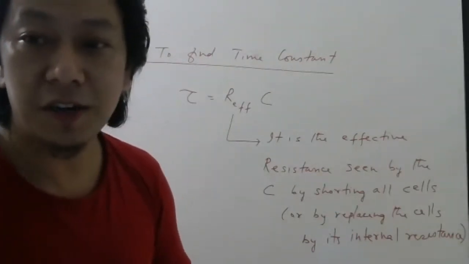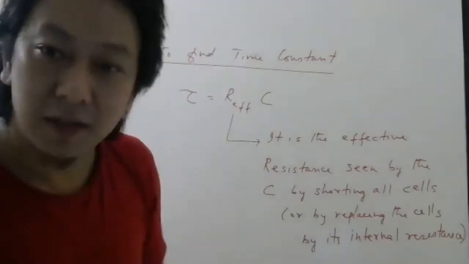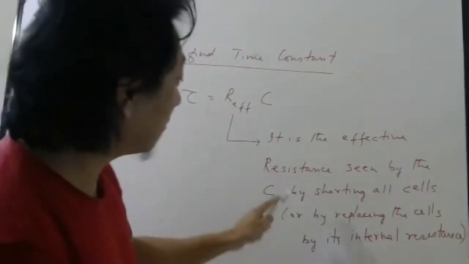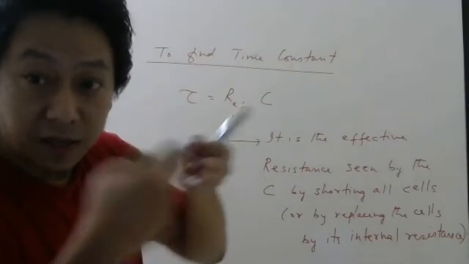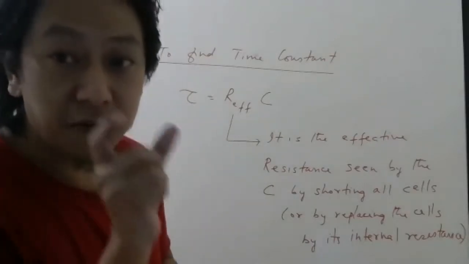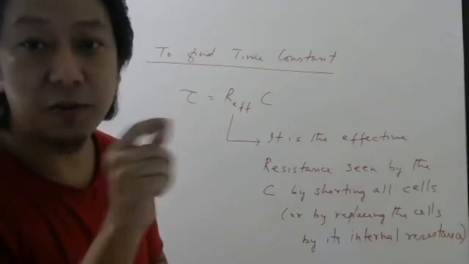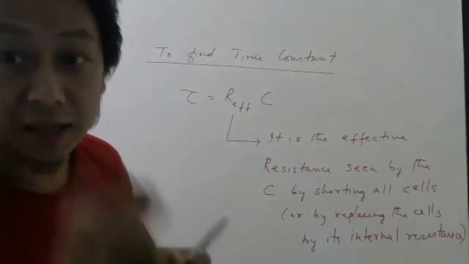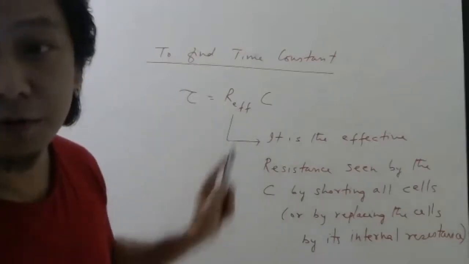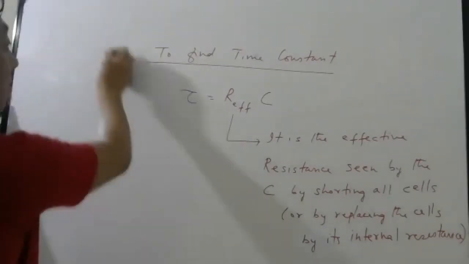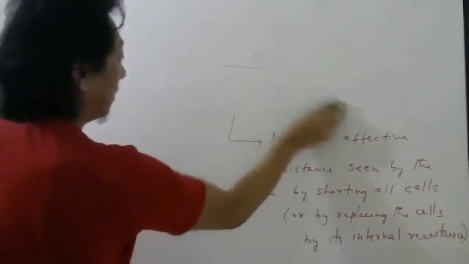If there is no internal resistance, then simply put a wire. Then find the resistance seen from the capacitor side. So you open the capacitor, and from those terminals you find the equivalent resistance. That resistance you put here to find the time constant. So let me give you one example.